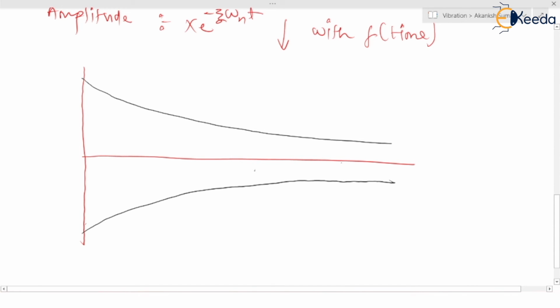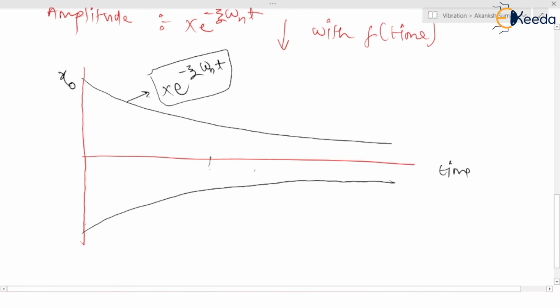And this basically represents the time. Remember one thing, we are discussing the damped system. This represents the x naught, and this whole graph is the amplitude, that means X e to the power minus zeta omega n multiplied by t. There will be a time interval.